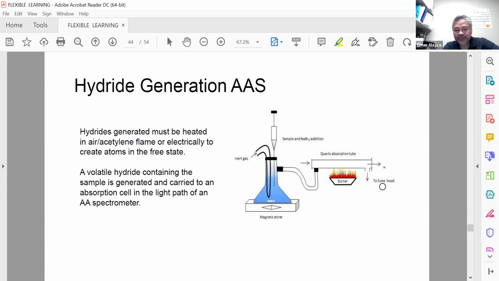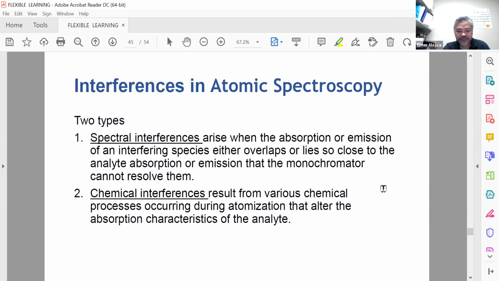So what are the possible interferences in atomic spectroscopy? There are two types of these atomic interferences. We could say spectral interferences.